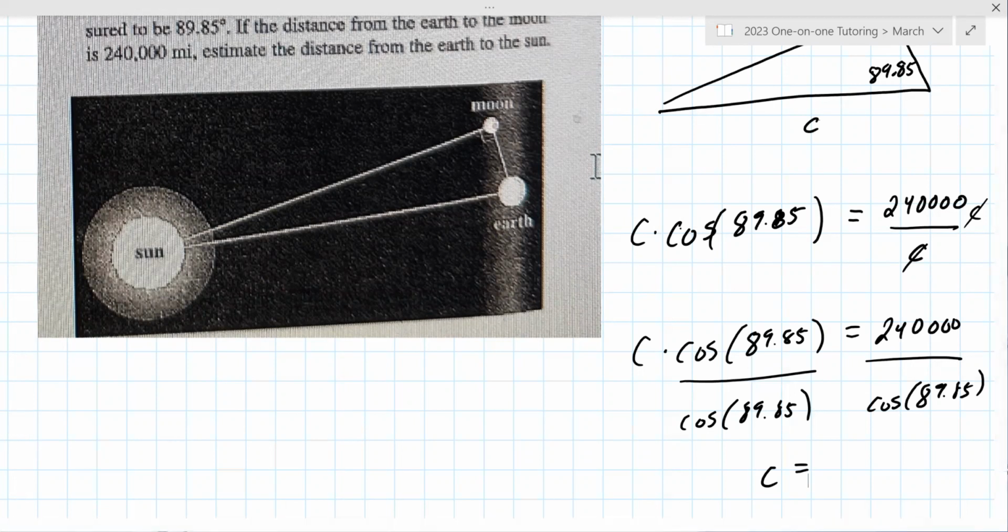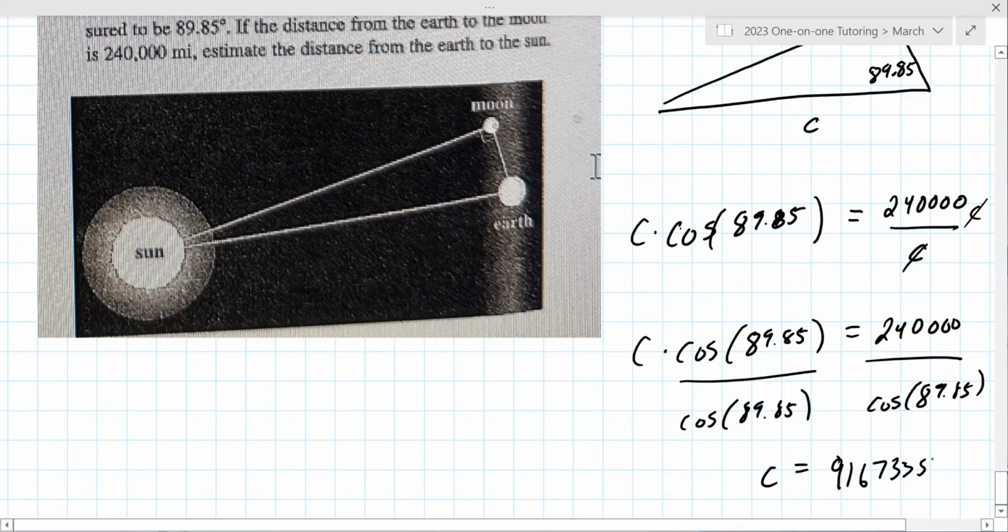Do you have an answer? Yeah. Okay, so now I'm getting a big number. 916. That is correct. It's 9167351.94. Yes. That's your answer. Oh, I just moved it. Okay. I see.